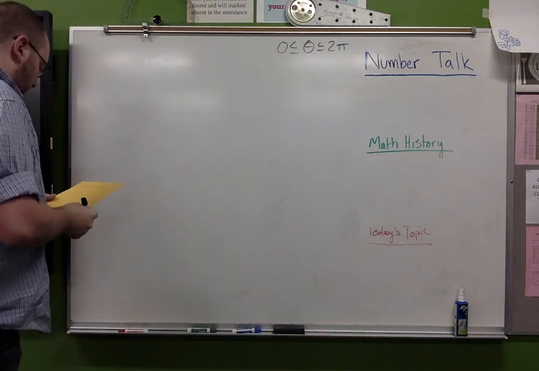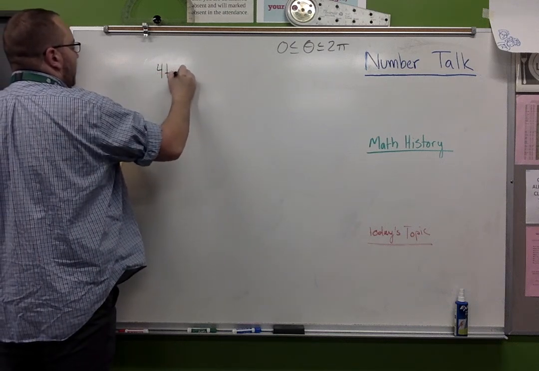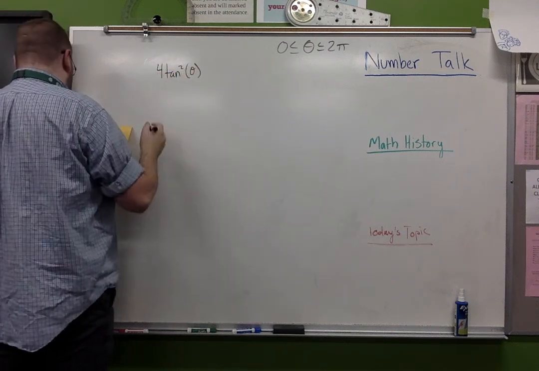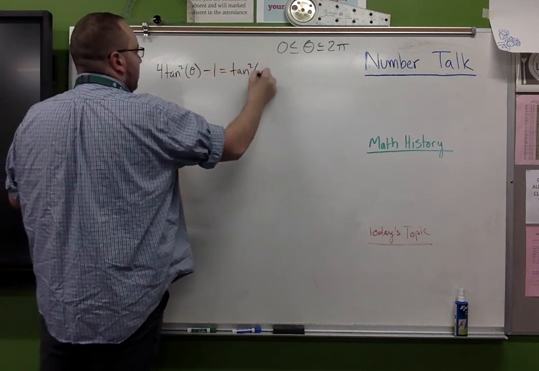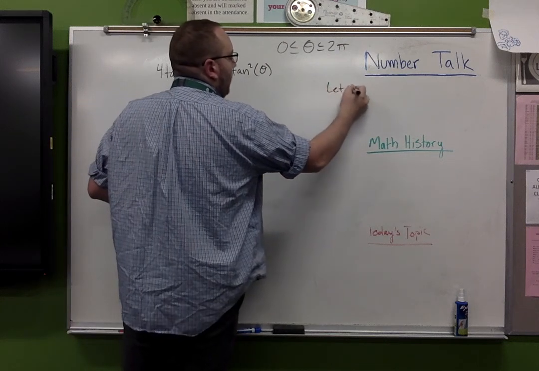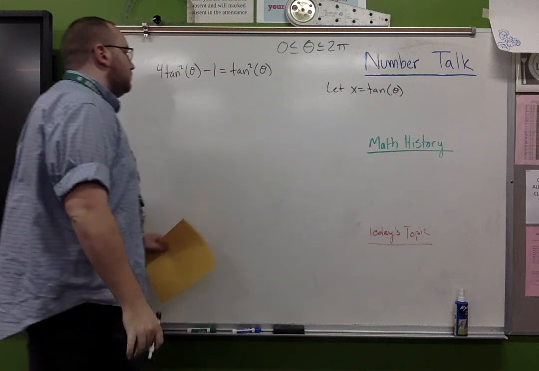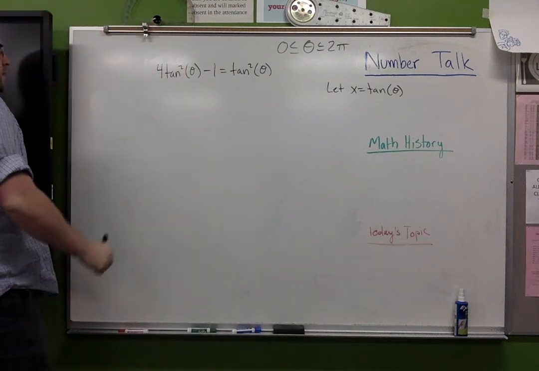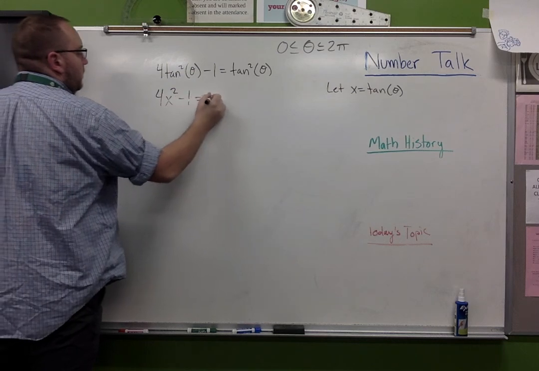The next one here. 4 times the tangent squared of theta minus 1 equals tangent squared of theta. Okay, so let x equal the tangent of theta. So now we have 4x squared minus 1 equals x squared.